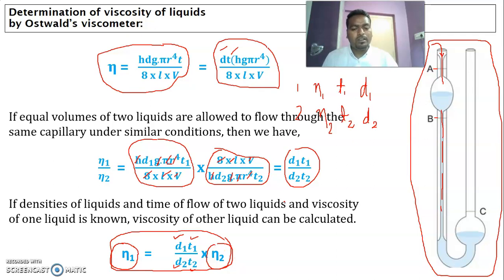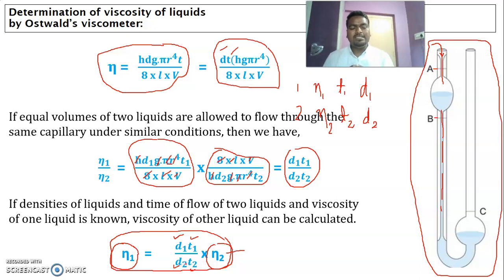Liquid 2 is water, so we know the value of its viscosity coefficient. We simply substitute the values of T1 and T2 calculated from the experiment, and the density D1 of the liquid calculated separately. This is how we conduct the experiment.